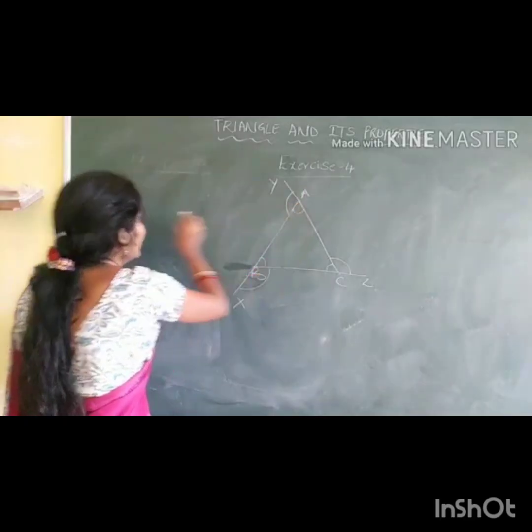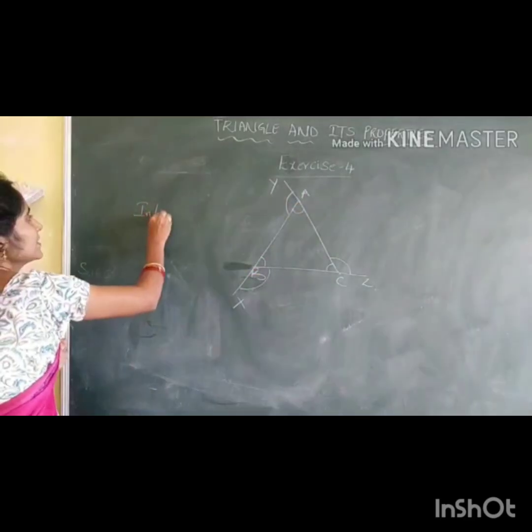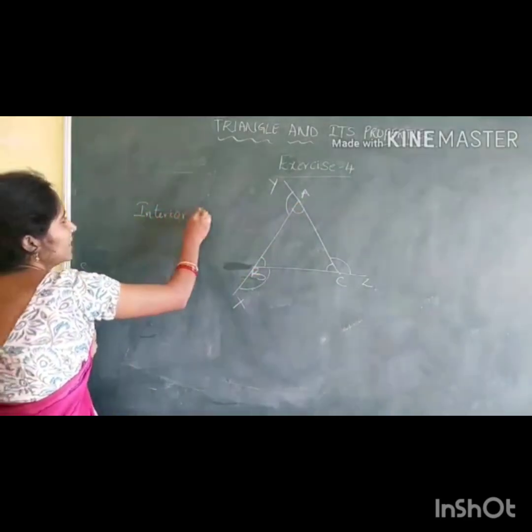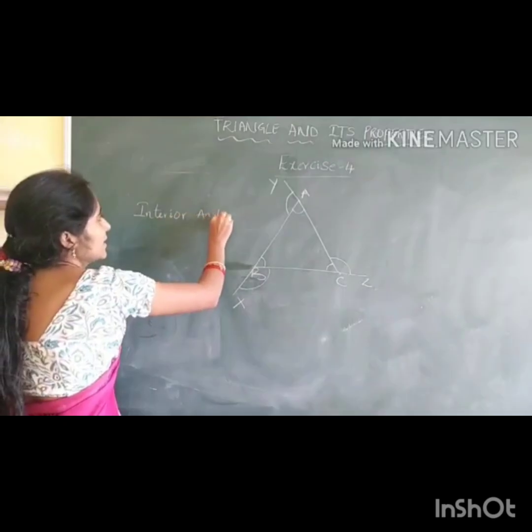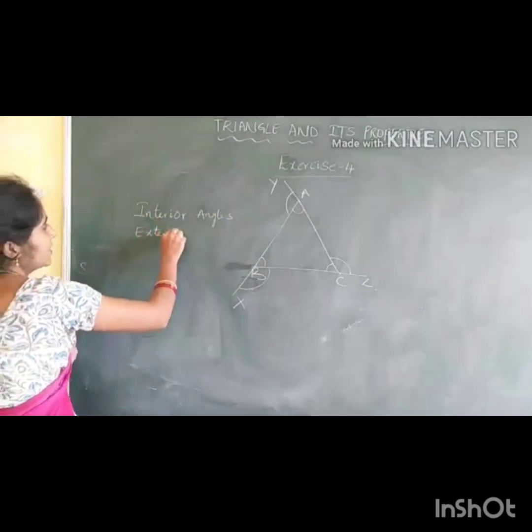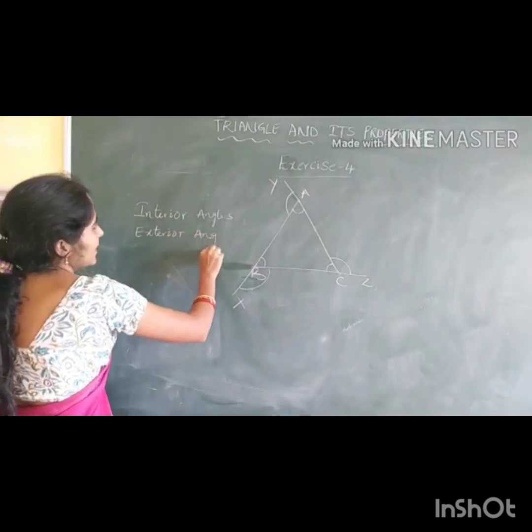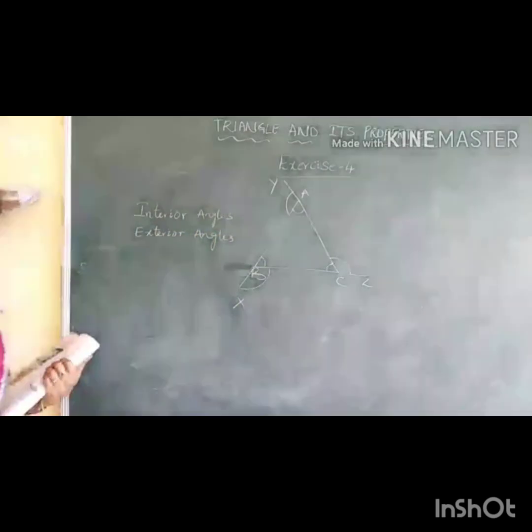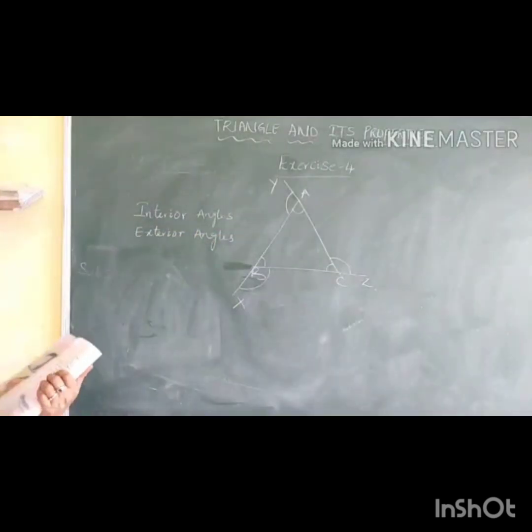You should write interior angles and exterior angles of this triangle as side headings. Understood children? This is our first question.